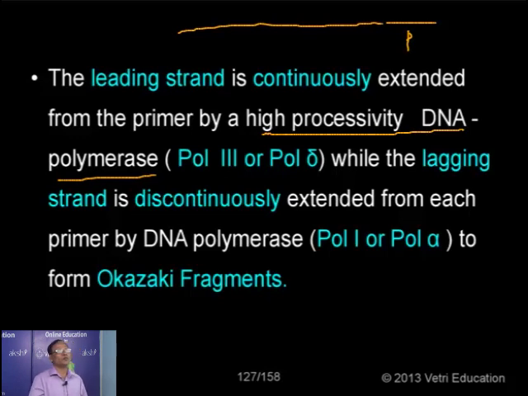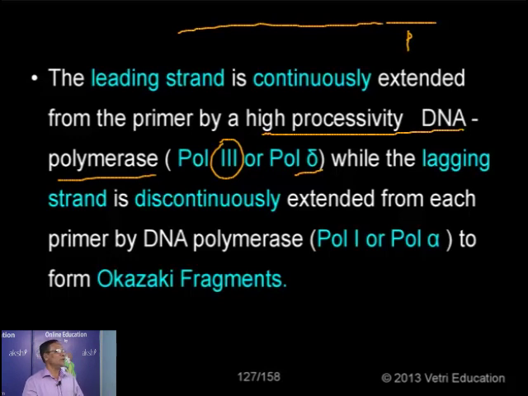The polymerase enzyme is not of only one type, we have many types, for example polymerase 1, 2, 3. Now the high processivity DNA polymerase is polymerase 3. It's also called polymerase delta or delta polymerase. And polymerase 1 or alpha polymerase is a low processivity DNA polymerase.